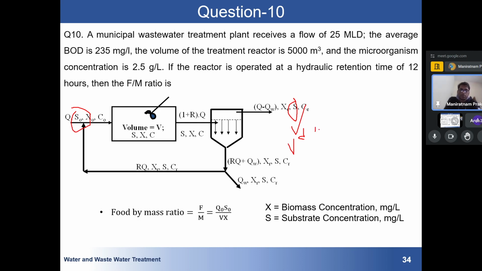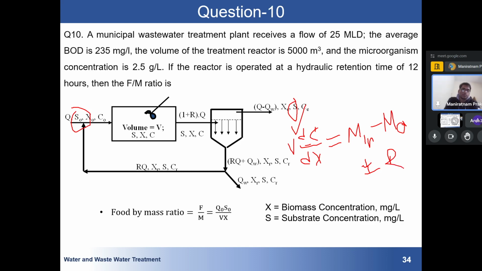V dC by dt is equal to mass in minus mass out, plus or minus some reaction.